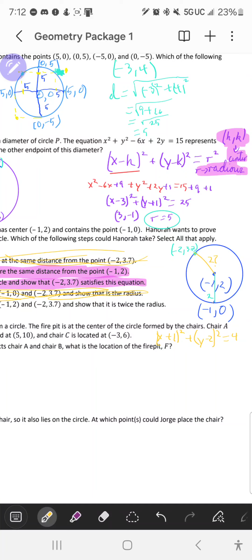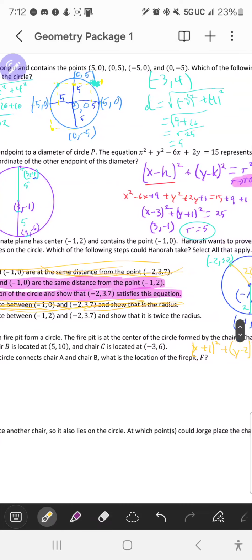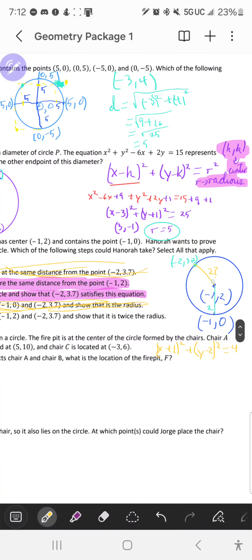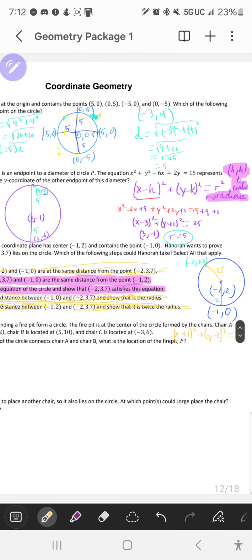And if it is a circle, then it lies on the circle, so the distance from the center to that point should be the radius, not twice the radius. Therefore, that cannot be the answer, because then it would be too large. So E is not my answer, and we are left with B and C.